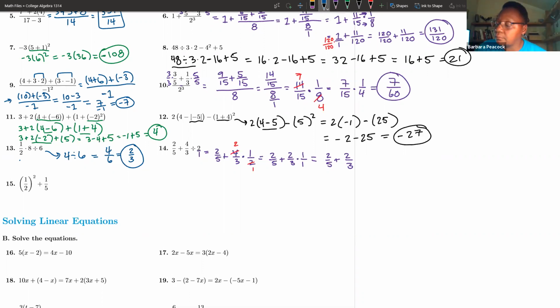Multiply this by 3 over 3, multiply that by 5 over 5, and we end up with 6 over 15 plus 10 over 15.